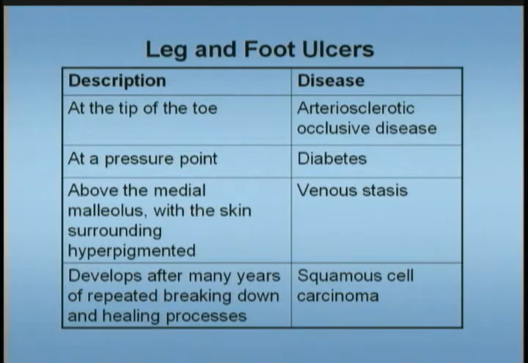If it is at a pressure point, you think of diabetes. If it is above the medial malleolus, with the skin surrounding being hyperpigmented, you think of venous stasis. And if it develops after many years of repeated breaking down and healing process, you think of squamous cell carcinoma.